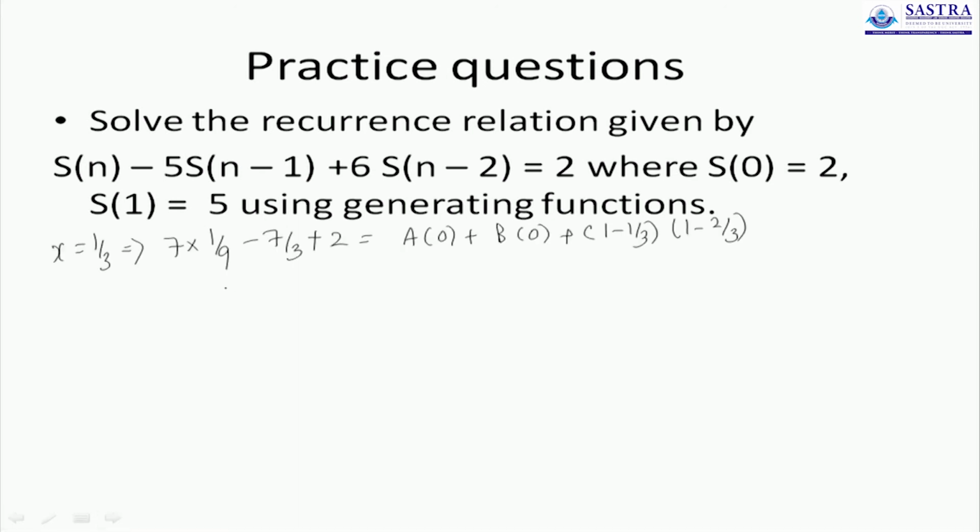Therefore we will have 7 minus 7 times 3 plus 2 times 9 upon 9 equaling, A and B are gone, 1 minus 1 by 3 is 2 by 3 into C minus 1 by 3 times C. So we have 18 plus 7 is 25 minus 21 is 4 by 9, giving us 3 minus 1 is 2, 3 minus 2 is 1.